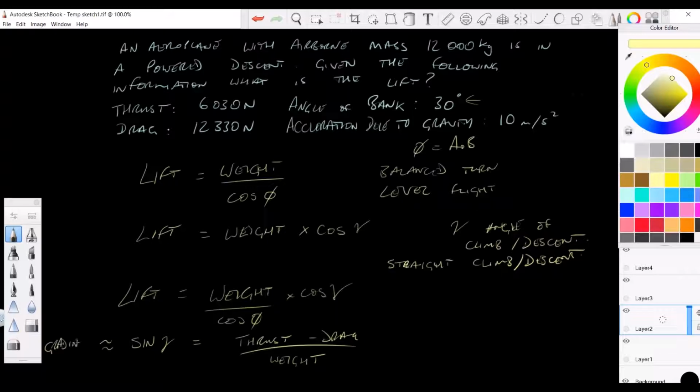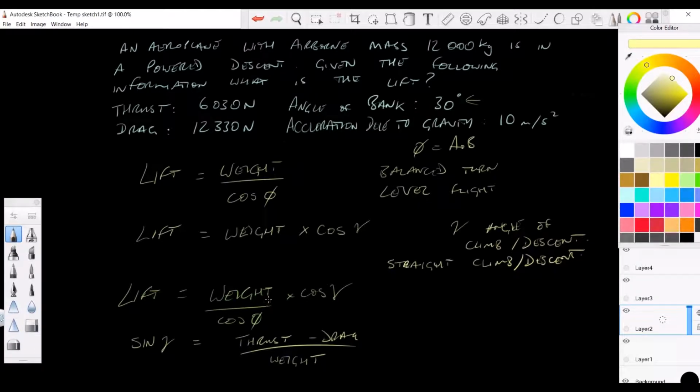The gradient is actually the tangent of the angle of climb or descent, but at small angles, sine and tan are almost the same. If you don't know why that's the case, then have a look at one of my maths videos. I think in both of them I explain why at small angles, sine and tan are very similar. So that's the context in which you've seen this, but in this particular case, we are going to be using it as sine gamma equals thrust minus drag over weight, because we want to find gamma.